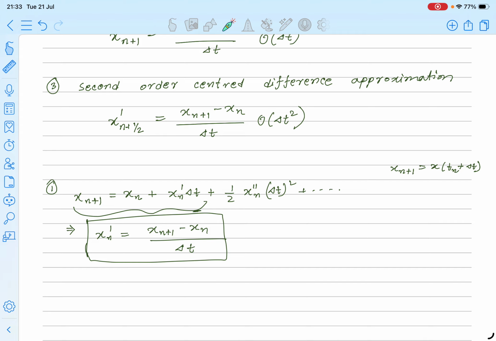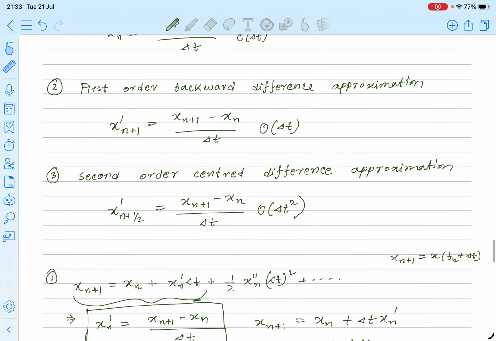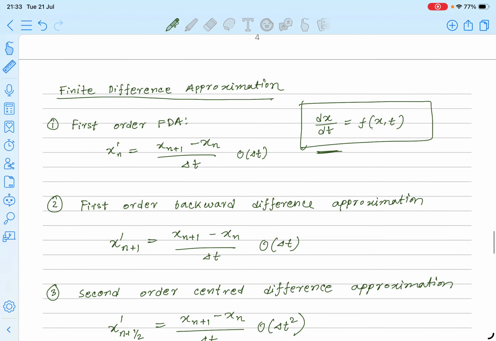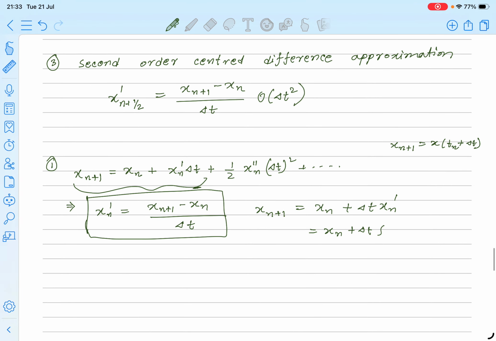From there we can write x_{n+1} equals x_n plus delta t x_n', and x_n' is basically dx/dt, which is f(x_n, t_n). So x_{n+1}, what we want to calculate, only depends on the quantities at the nth point.